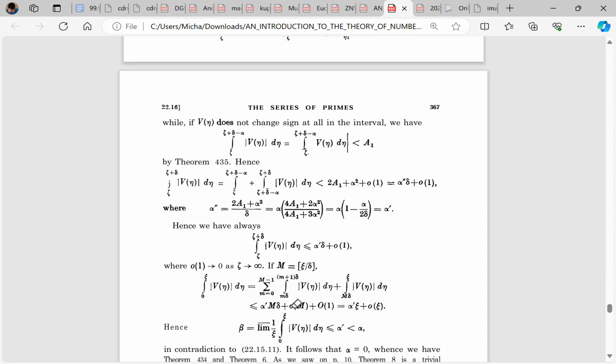I guess they go to infinity with xc. Big O of 1 is just a constant. So the constant is supposed to come from this.